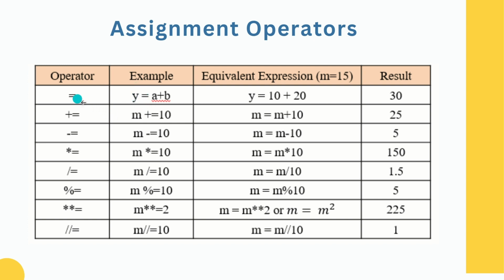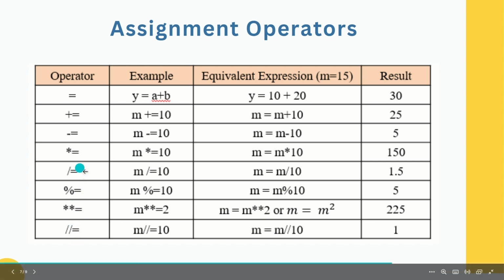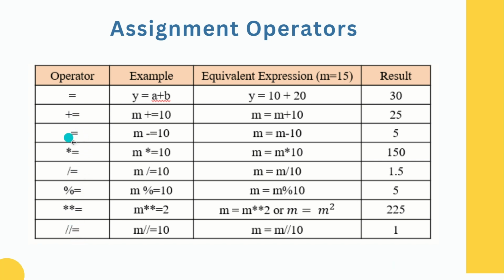Now just like we have equal to, we have various other assignment operators which are added after the arithmetic operators. If you see below and ignore the equal to sign, all of these are arithmetic operators which we just saw: addition, subtraction, multiplication, division, modulus, exponent, and floor division.